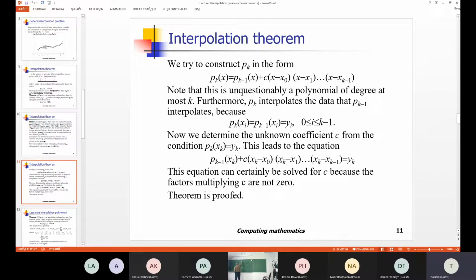Pk of x equals P_{k-1} of x plus some coefficient c. Actually, we don't know c. Right now c is just the coefficient c times x minus x0, x minus x1, and so on. And the last term is x minus x_{k-1}. P_{k-1}, we suppose that we know.